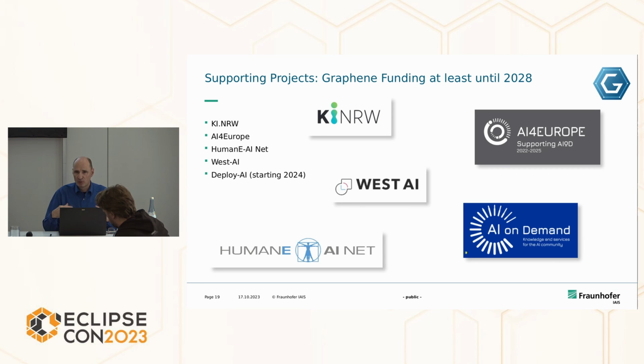So it should be the one-stop shop for AI in Europe. That's the aim. And also AI for Europe, which is one of those projects that contribute to the AI on Demand platform. And there will be a new, quite big project, which is called Deploy AI, starting in 2024.